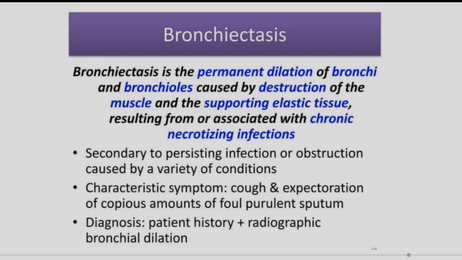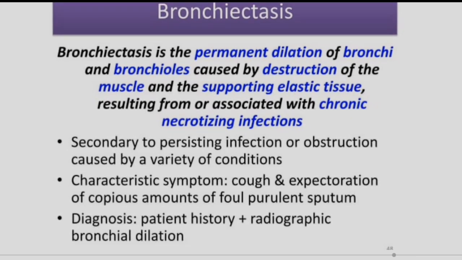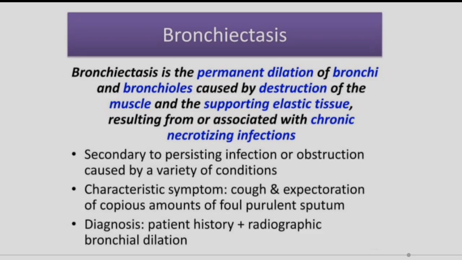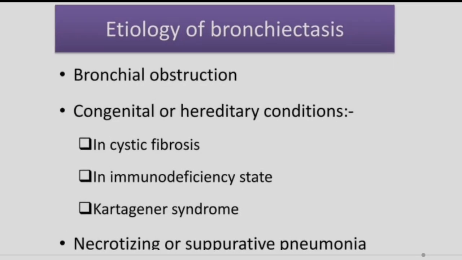It is secondary to persisting infection or obstruction caused by a variety of conditions. It is a secondary condition caused after an infection such as tuberculosis or cystic fibrosis. Characteristic symptom: cough and expectoration of copious amounts of foul purulent sputum. Diagnosis: patient history plus radiograph showing bronchial dilation are enough to diagnose bronchiectasis.